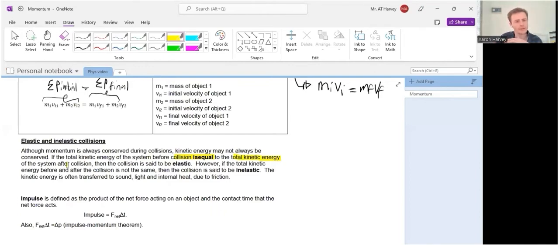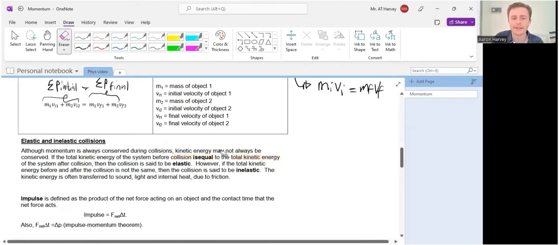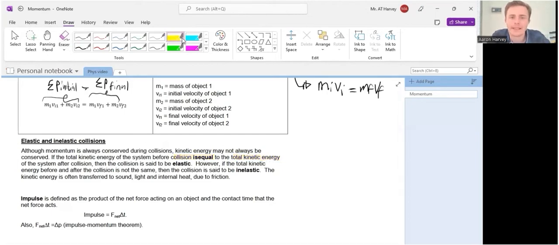Now, let me just check if I've said that correctly. Oh, okay, I highlighted the wrong word and got myself a little confused. Unfortunately, that does happen in live tutoring, but at least I picked it up. There's the word I'm looking for, elastic.